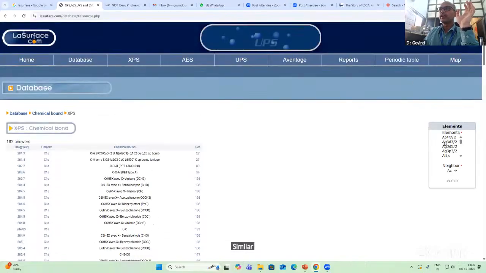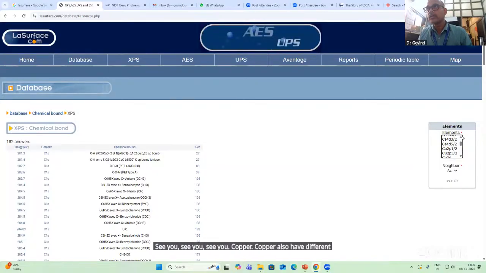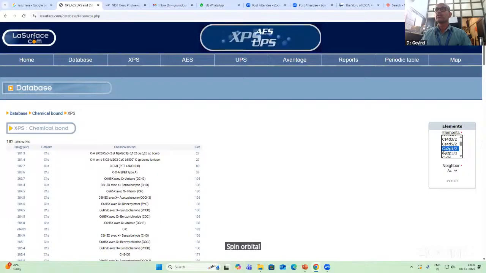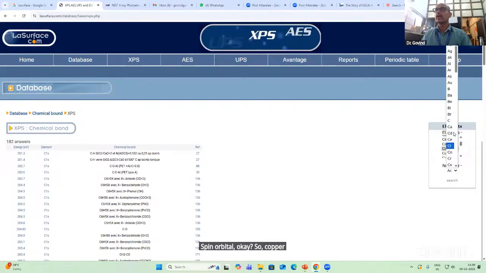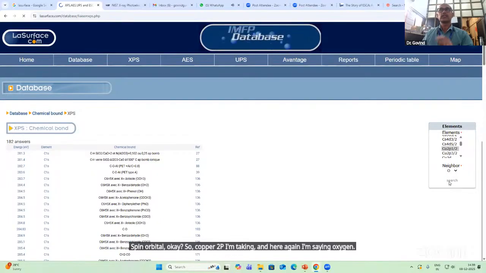Similarly, you can find out titanium or copper, Cu. Copper also has different spin orbitals. So I am taking copper 2p, and here again I am searching oxygen.